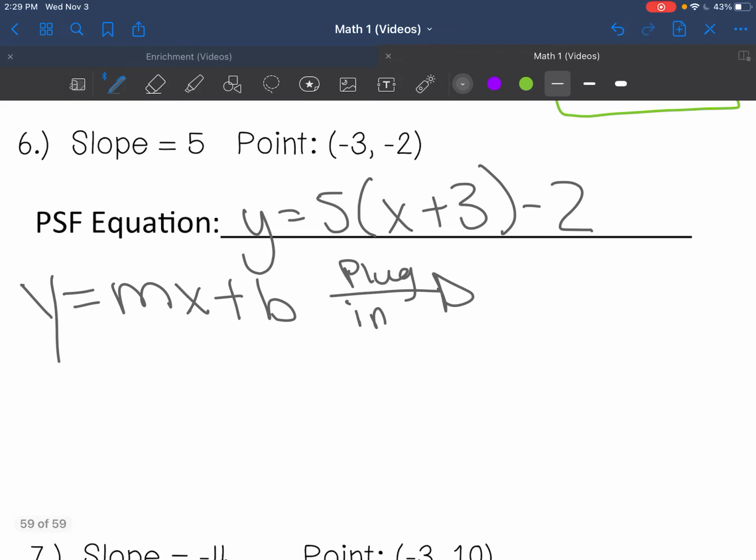And our y this time is a -2. Our slope this time is a 5. Our x this time is a -3, so I got to write times -3. We don't know our b, so I have a plus b.